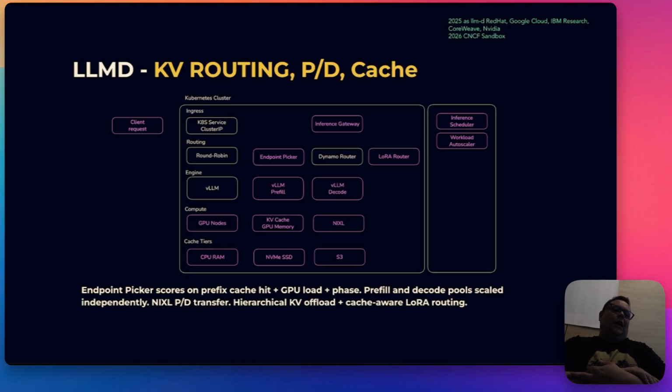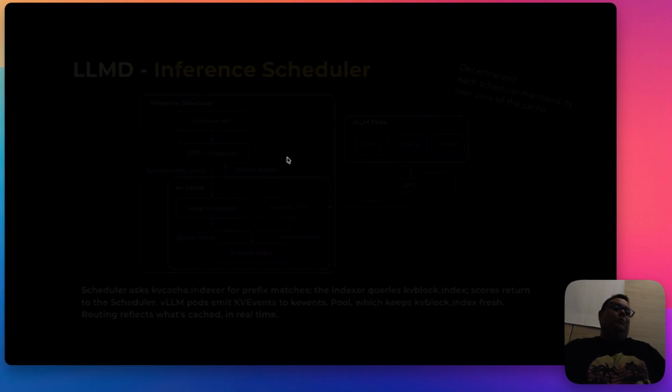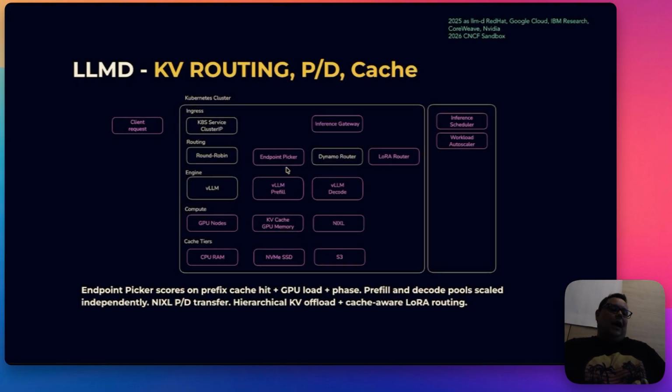You will see here a lot more boxes in purple. They have their own inference gateway, their own endpoint picker, and a LoRA router. I will come to another project to explain what this LoRA router is doing. They have the option that vLLM can split prefill and decode on different GPUs, right?